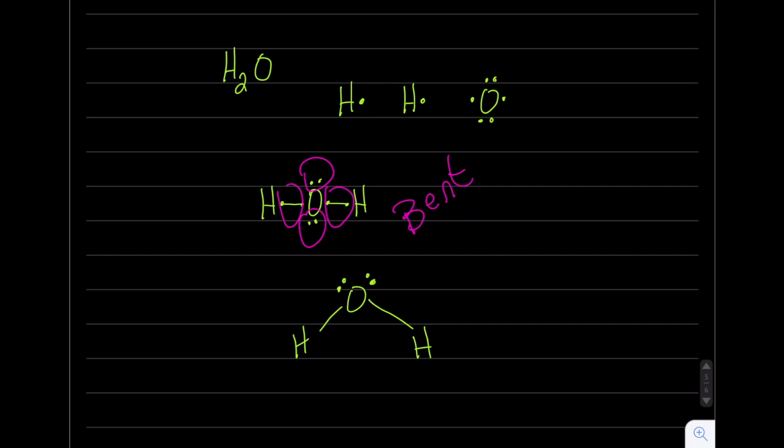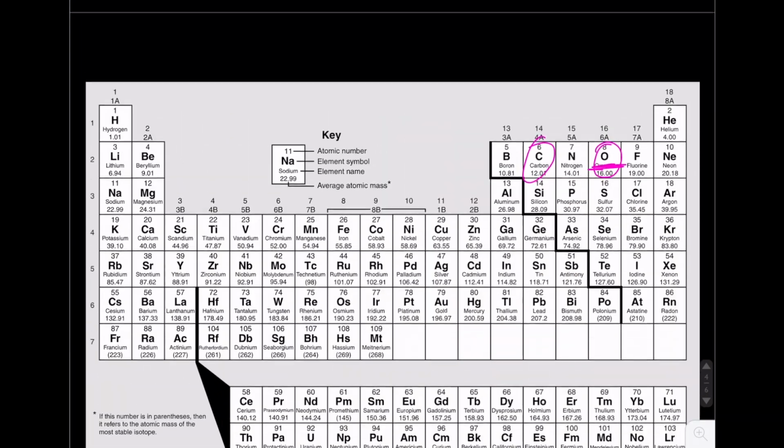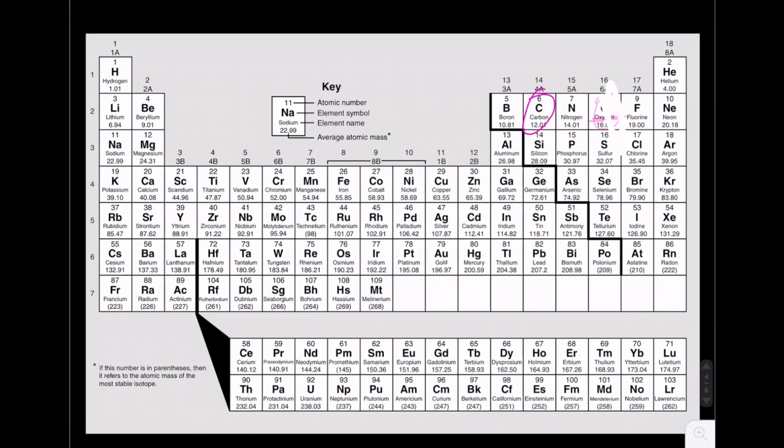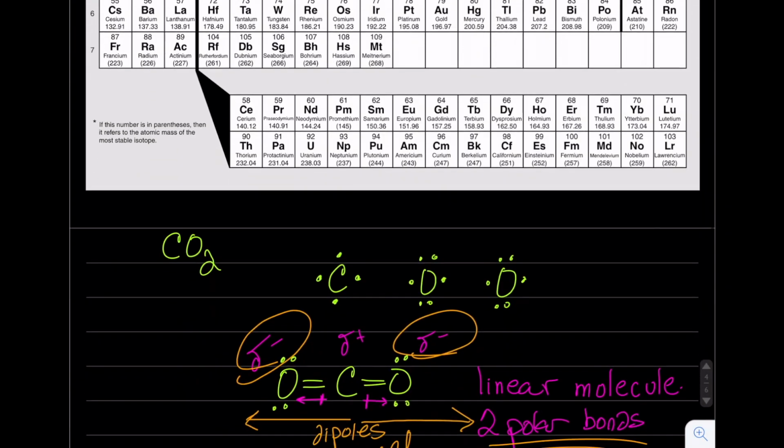Which one is more electronegative? Let's go back up here. We've got oxygen and we've got hydrogen. And if you remember, the electronegativity of hydrogen puts it more in this region here. Either way, oxygen is more electronegative.